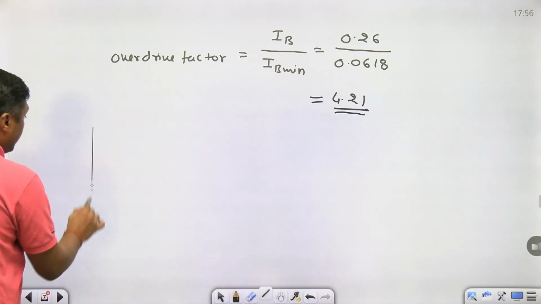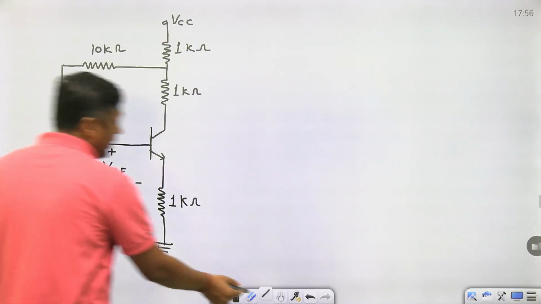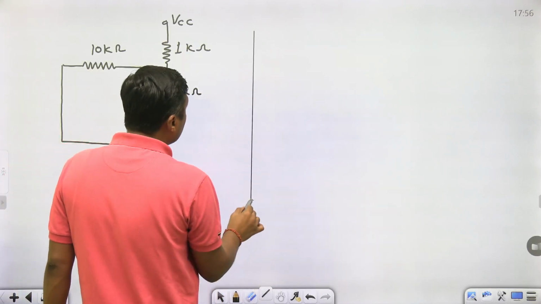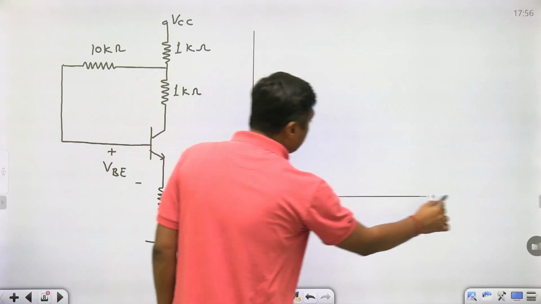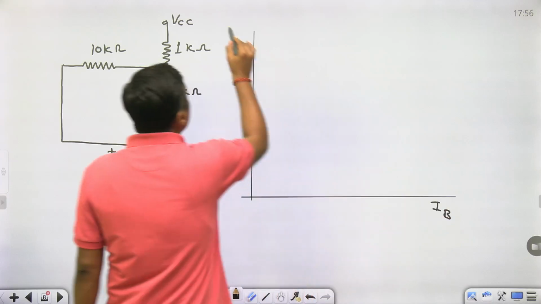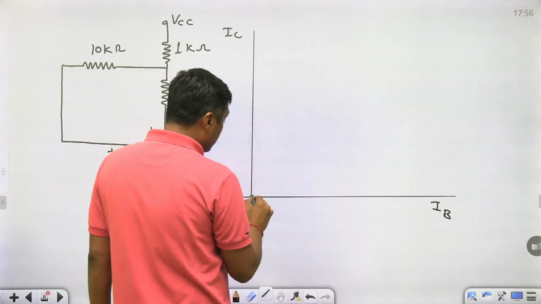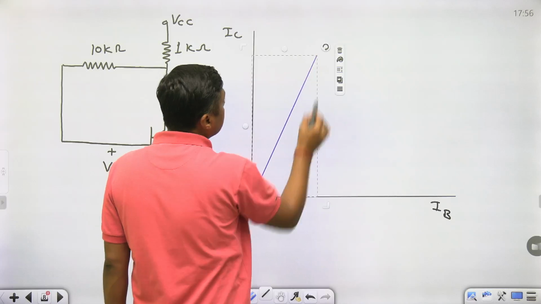Yesterday in my session I have given this diagram. Always remember this one for any particular diagram. In active region, transistor will follow. This is the curve between IB and IC. In active region, that is the line.